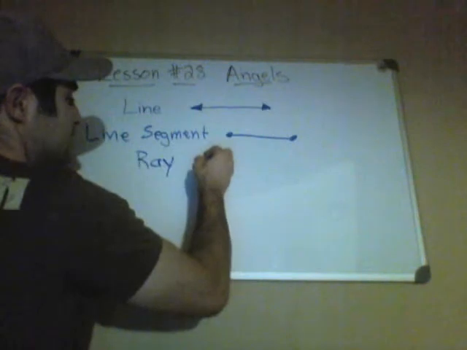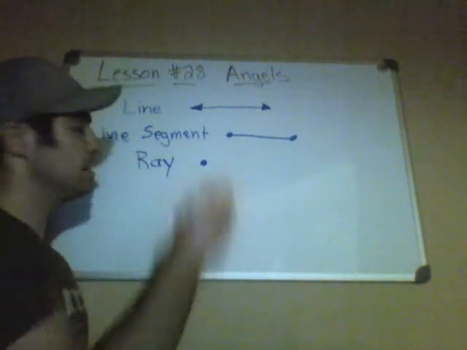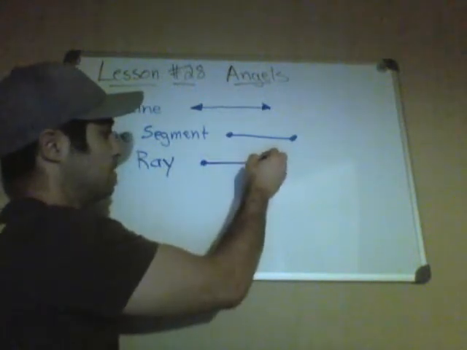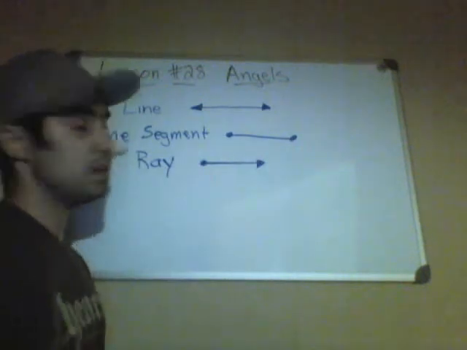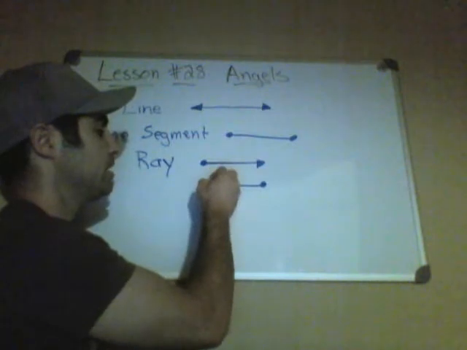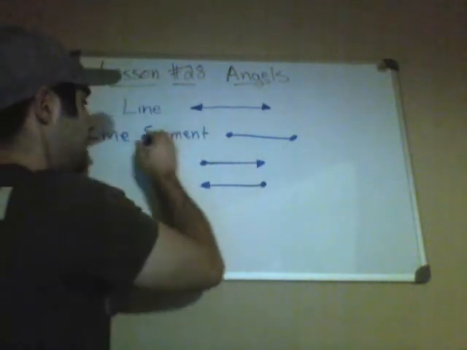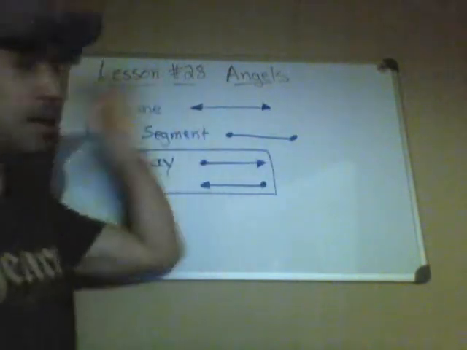A ray has an endpoint represented by a dot and a line with an arrow, meaning that the line goes forever that way, but it does have an endpoint on one end. Of course, you can have an endpoint on this end, and the line could go this way. Okay, you need to know these terms. A ray are those two; they go together. You have a line segment and a line.